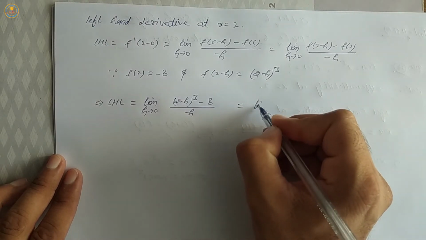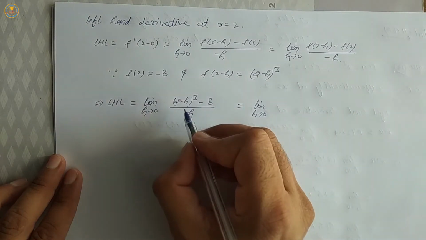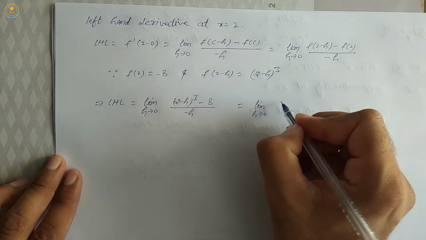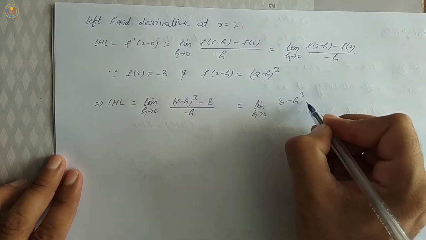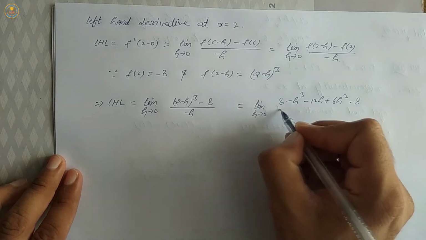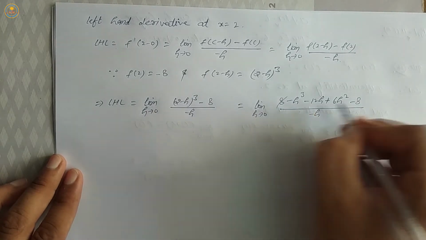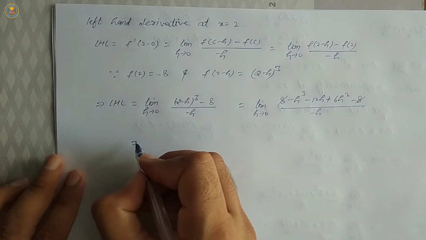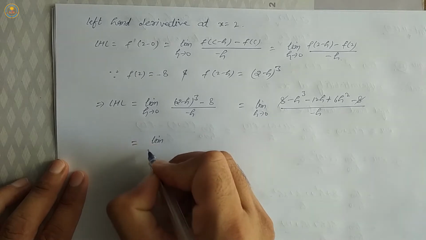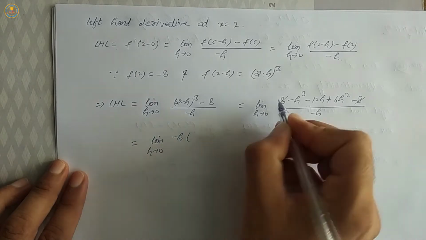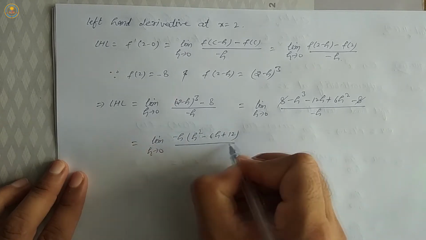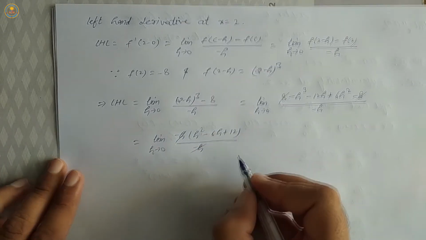Is equal to limit h tends to 0. Apply the formula a minus b power of 3 is equal to 8 minus h cube minus 12h plus 6h square minus 8 by minus h. 8 cancel out. Minus h common, limit h tends to 0, minus h square minus 6h plus 12 by minus h, cancel out.